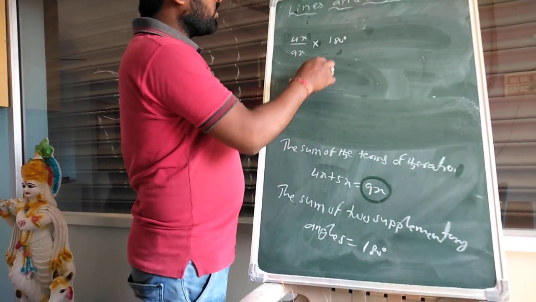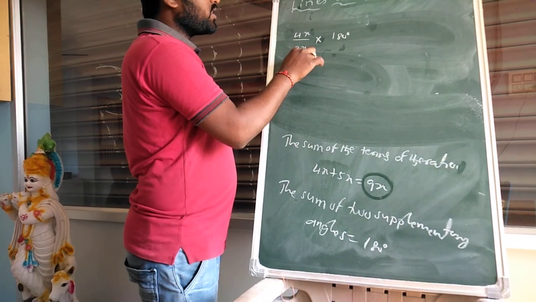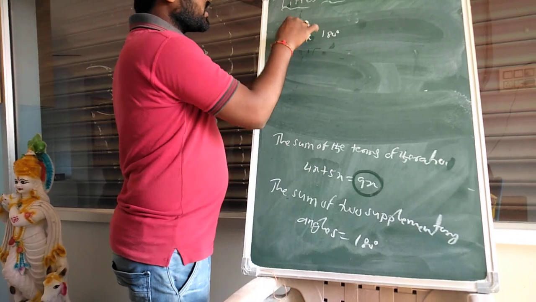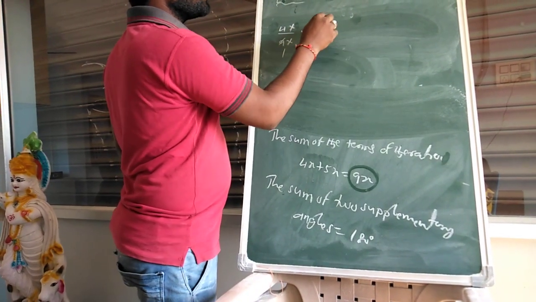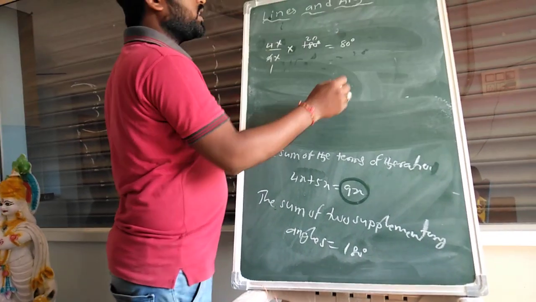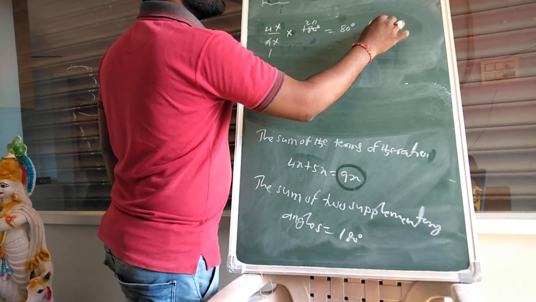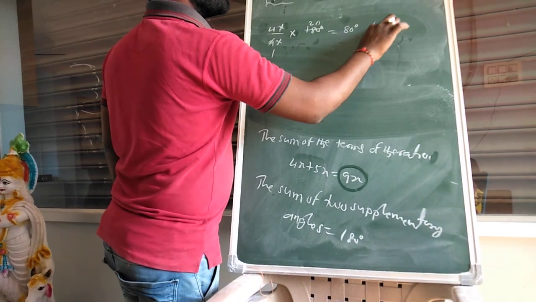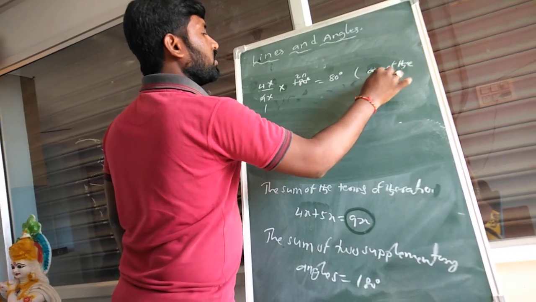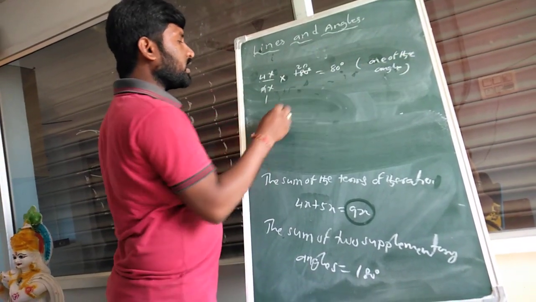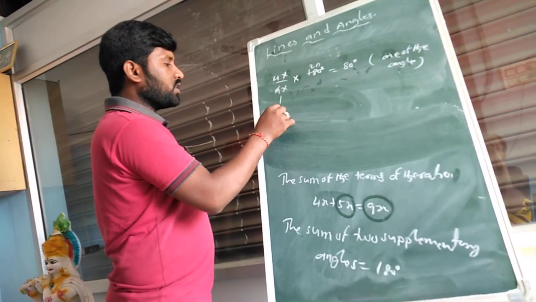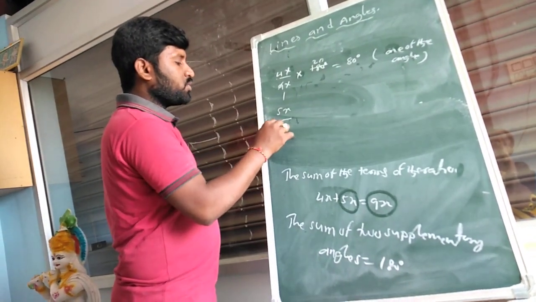Then we will get, if we cancel here, x gets cancelled, 9 ones are 9, 9 twenties are 180. So 4 into 20 is equal to 80 degrees. So the first angle, one of the angles, is 80 degrees.